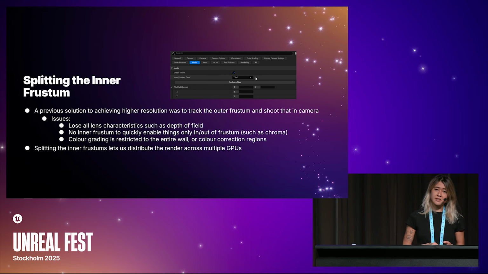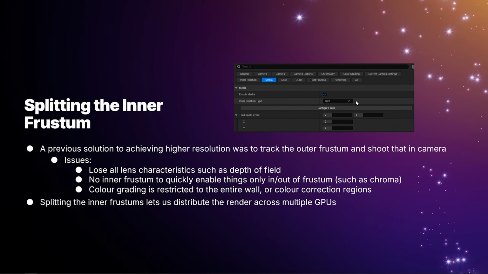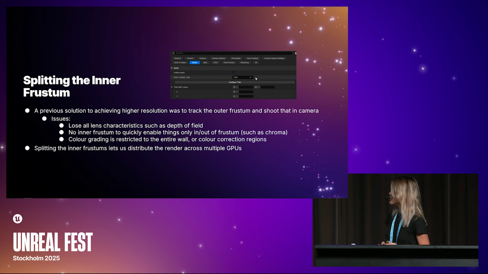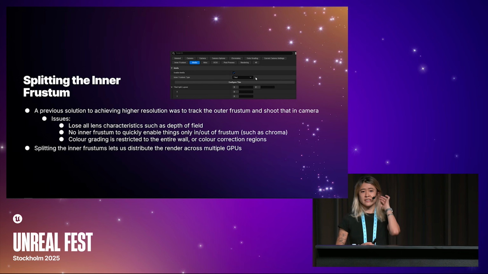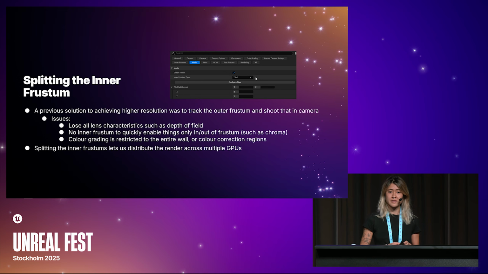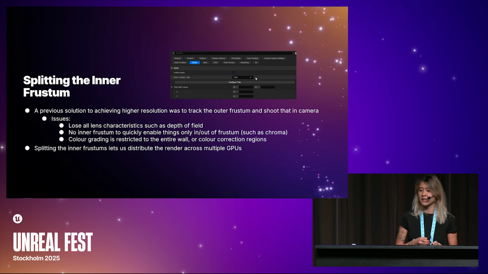Our previous solution to this on Those About to Die was just to use the entire wall as a frustum, basically. And we tracked the outer frustum, which gave us high resolution, but then you lose things like depth of field. Everything is on the same focus plane. And you can't easily make the frustum blue or turn on chroma. You'd have to put something there or turn the frustum back on and then switch it to chroma.